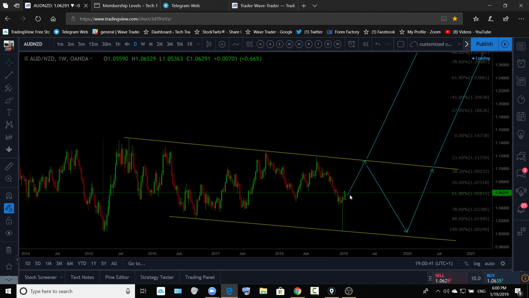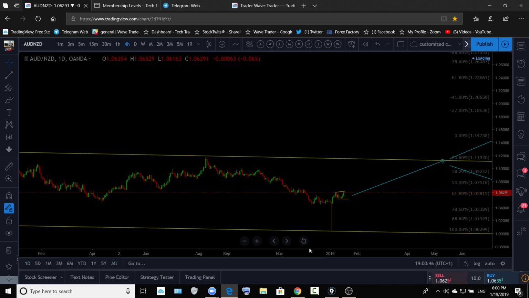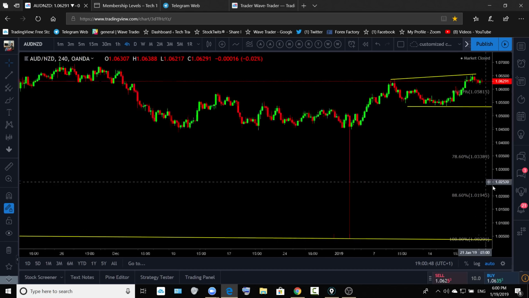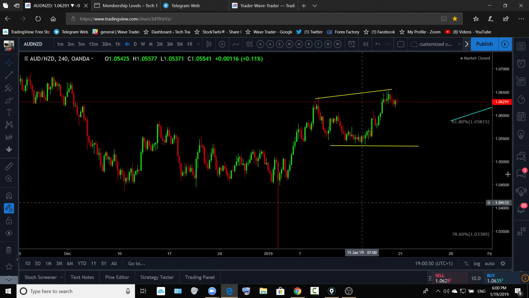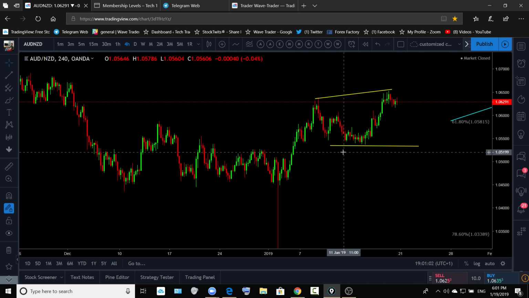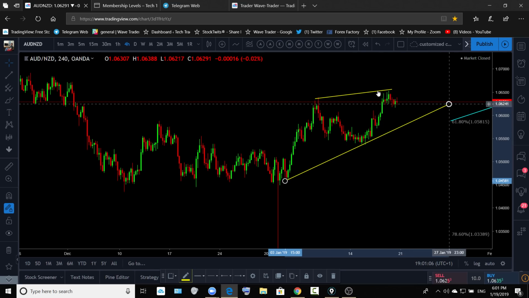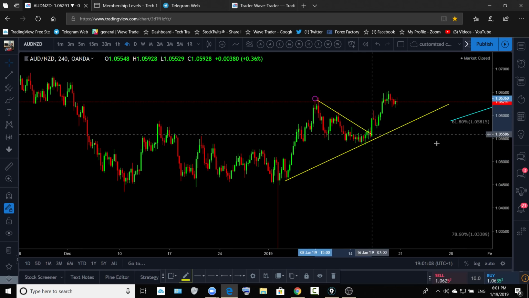On the lower time frame, what you can see is that it can get down back to the bottom. This short-term trade can appear next week, and then again for upside. If that move, that triangle or expanded flat, is not going to appear, just correct up to that trend and continue to go higher.